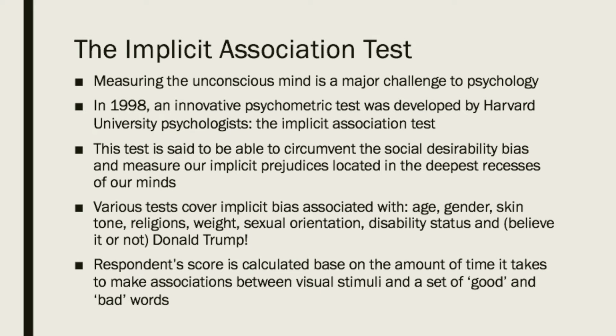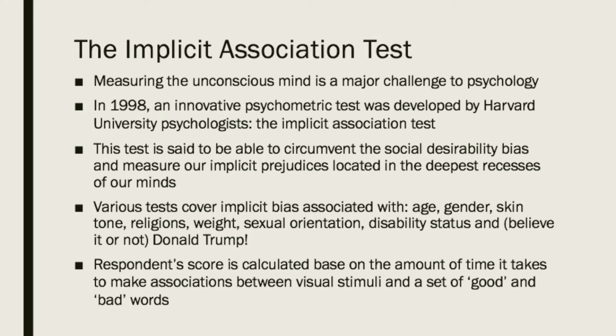Let me pose to you a challenge. How do you measure unconscious biases if they are unconscious? You obviously cannot ask people about their unconscious biases because they are unaware of them. This is a real dilemma.